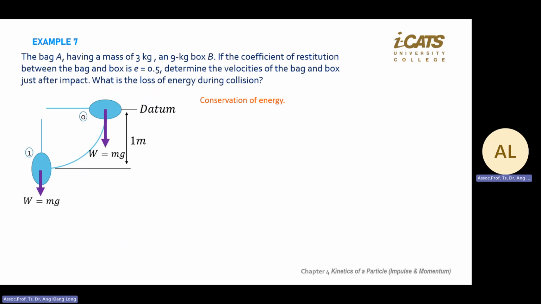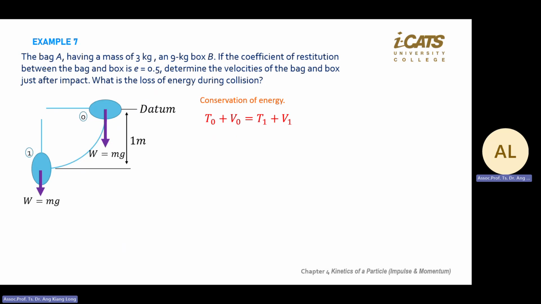Here you don't have spring, you have velocity, you have height. So you have potential and kinetic. So conservation means what you have before will be the same as what you have after. So you write T1 + V1 equal to T2 + V2, or T0 + V0 equal to T1 + V1. And then expand the equation.